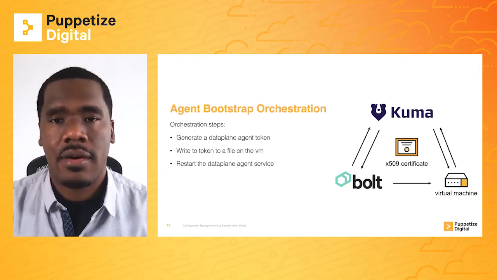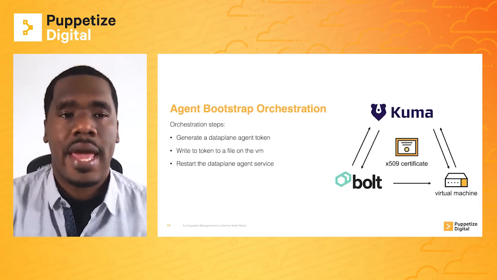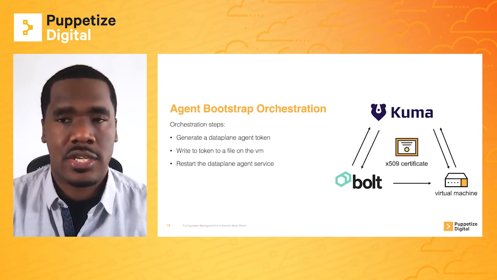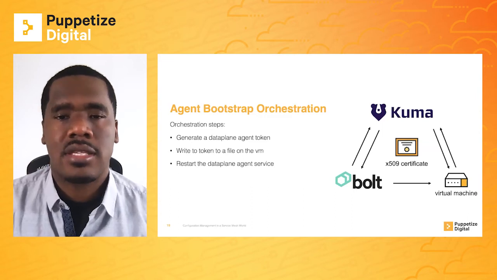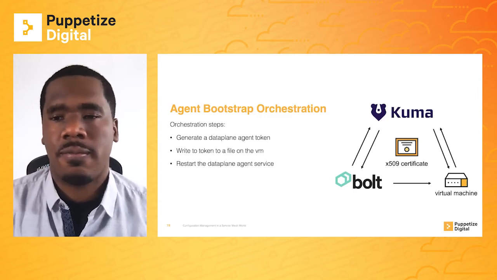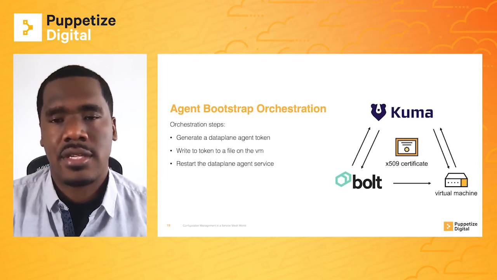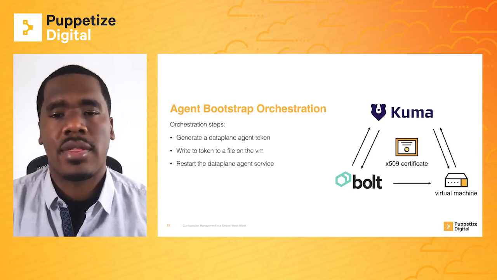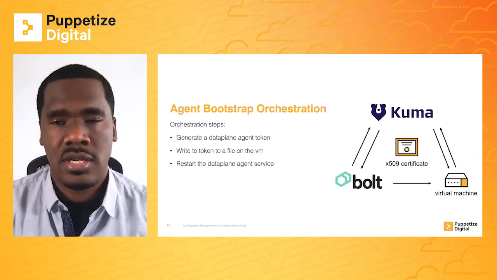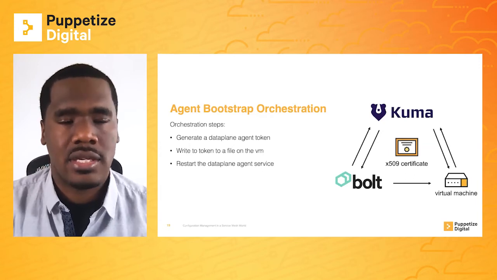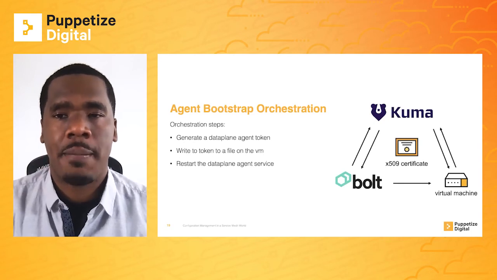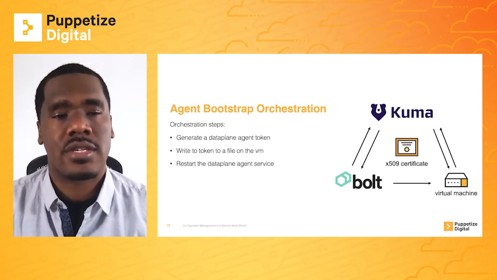And so in the example of Kuma, Puppet Bolt reaches out to the Kuma control plane and says, I would like a data plane agent token. And so this is that JWT token that we talked about. And so it says, I need the token for this particular virtual machine. Can I have the token? Kuma then returns the token for that particular virtual machine. Bolt then sends it over to the virtual machine, likely laying it down into a file that the service mesh agent can pick up and ultimately present to the service control plane.